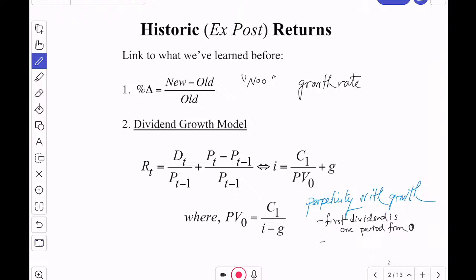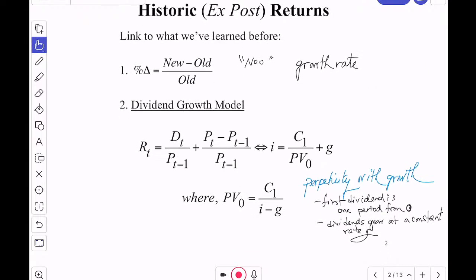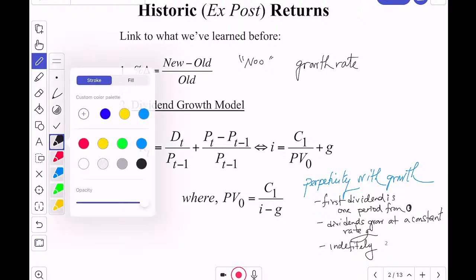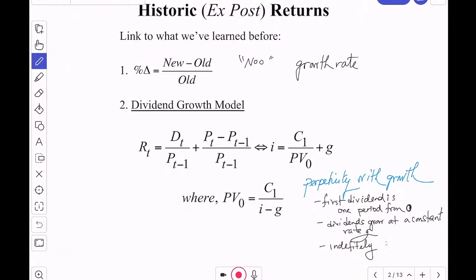That the dividends grow at a constant rate and they grow forever.